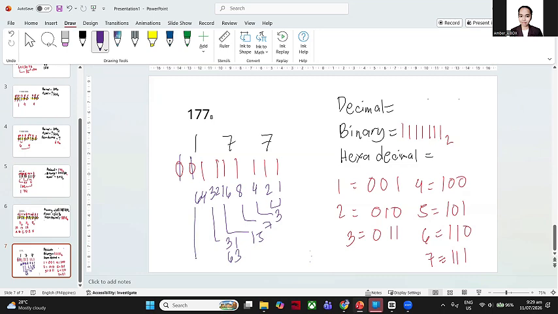Then 64 plus 63 is 127. Okay, so we have 127 base 10. That's our decimal for this time.